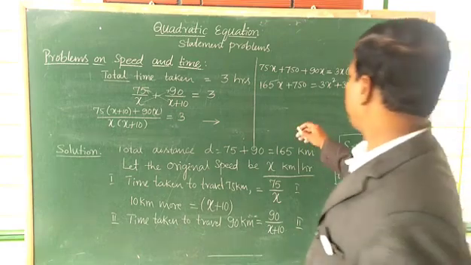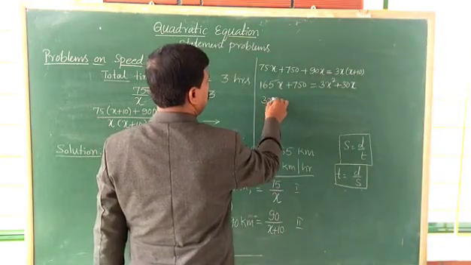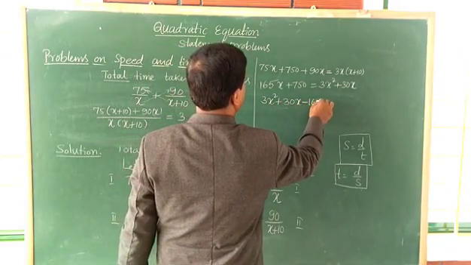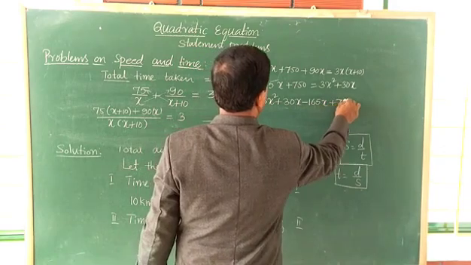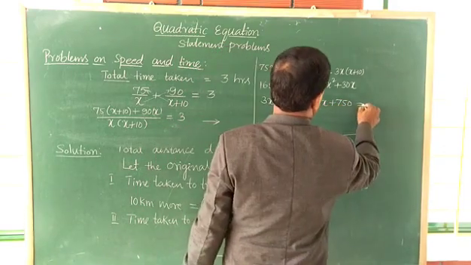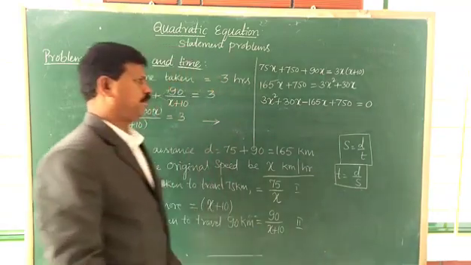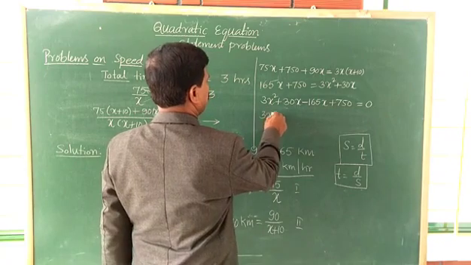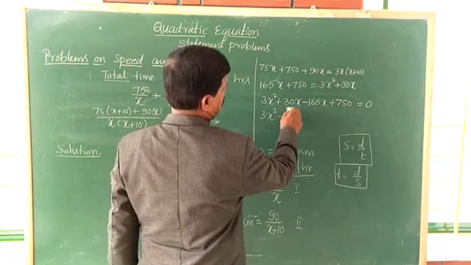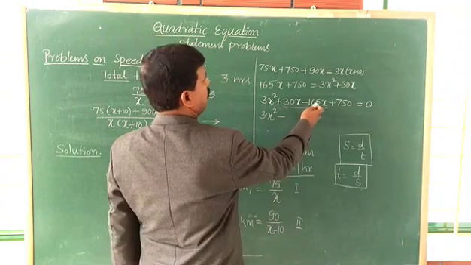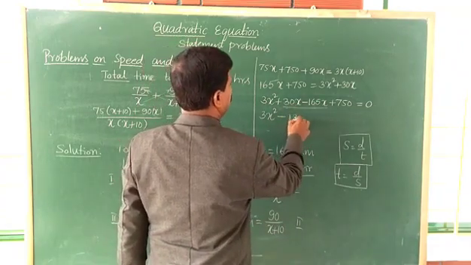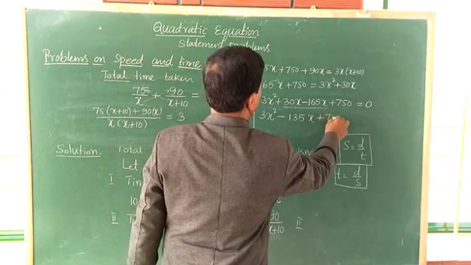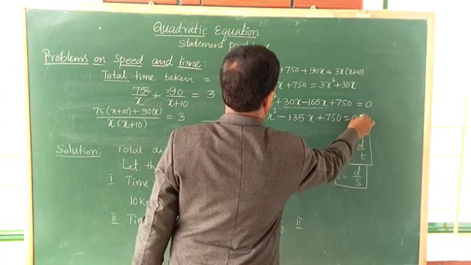Now the equation form is 3x square plus 30x minus 165x plus 750 is equal to 0. Now here is 3x square minus, here it is plus and minus, 165 minus 30 is 135, x plus 750 equals 0.